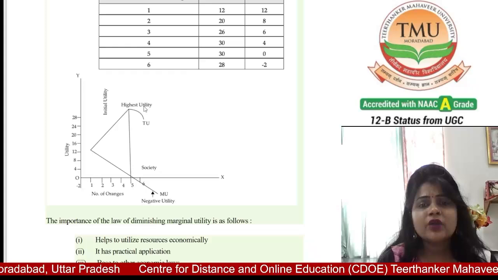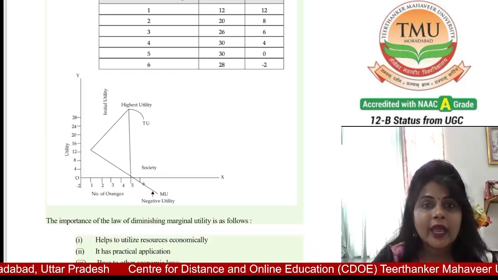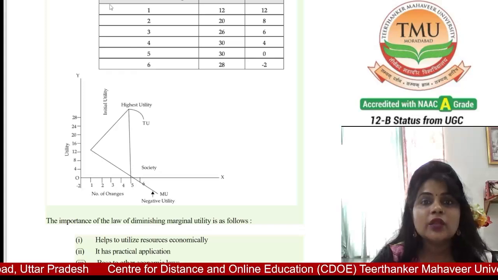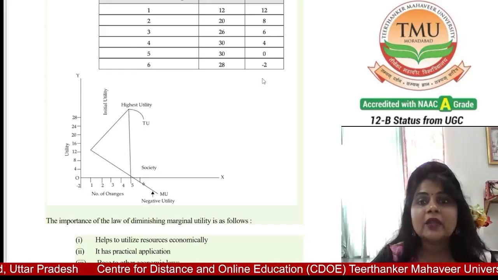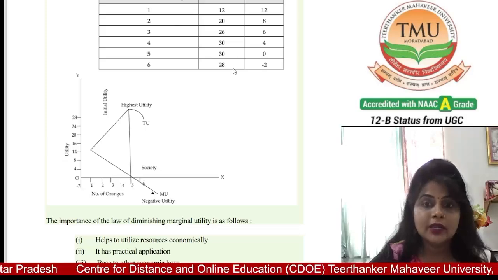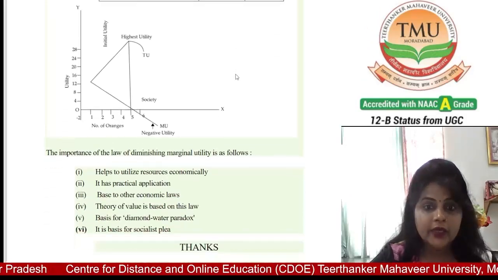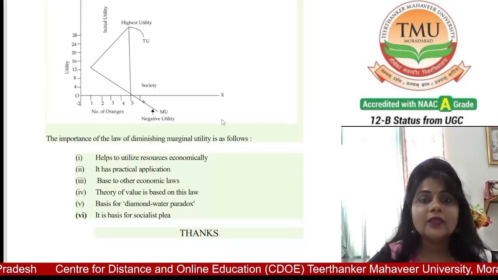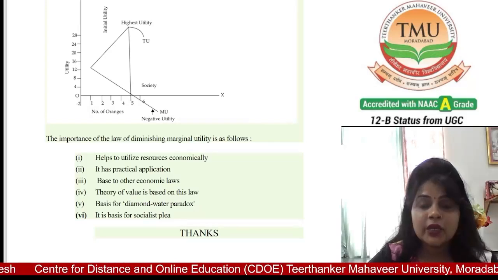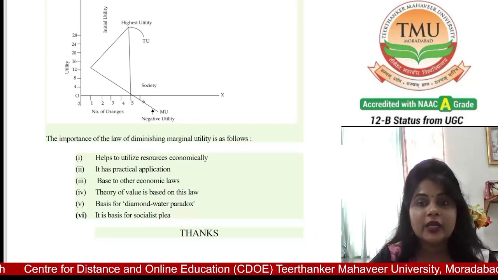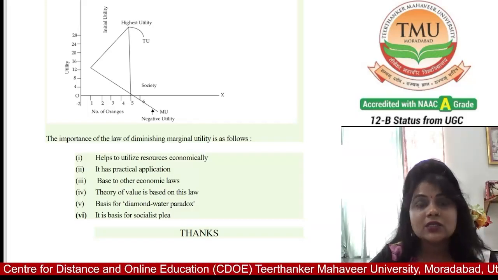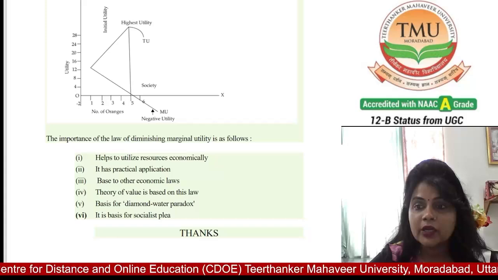For example, in this schedule and diagram, when the consumer consumed the sixth unit of orange, he gets -2 marginal utility, and total utility also diminishes. It becomes 28. So I think you have properly understood what is marginal utility, what is total utility, and with the help of the diagram, you can also understand what is the law of diminishing marginal utility.